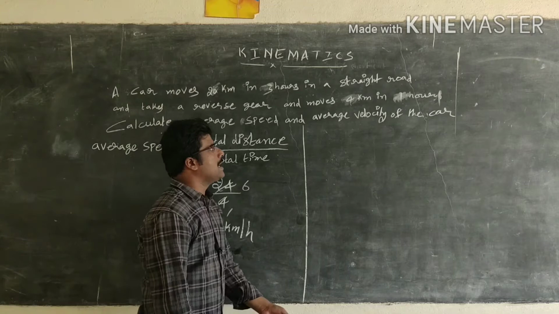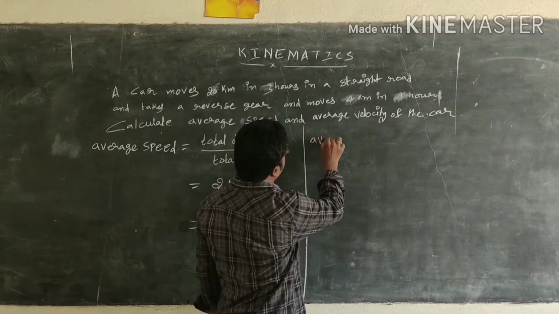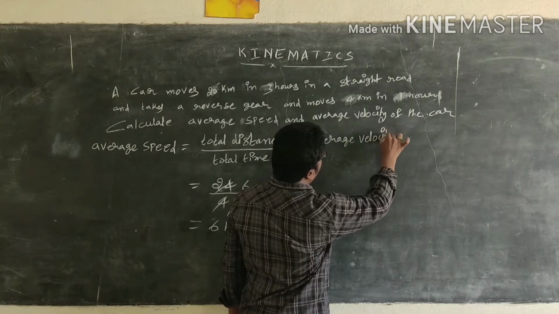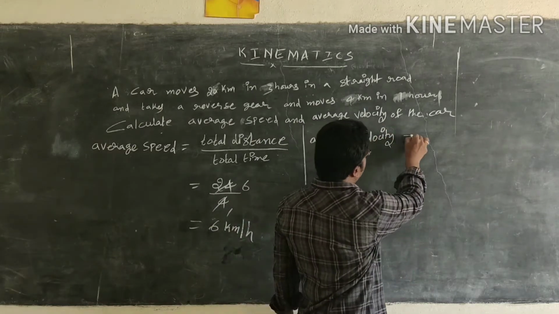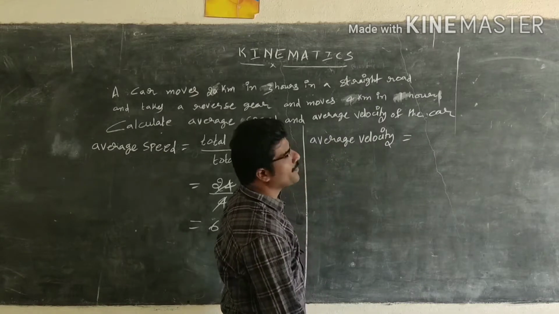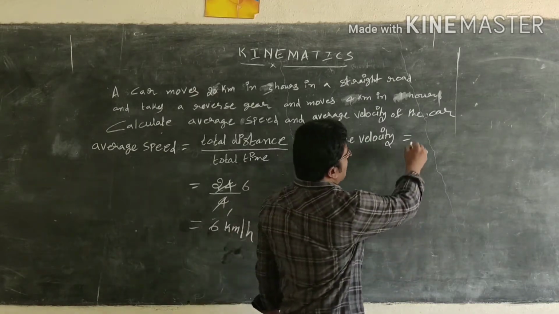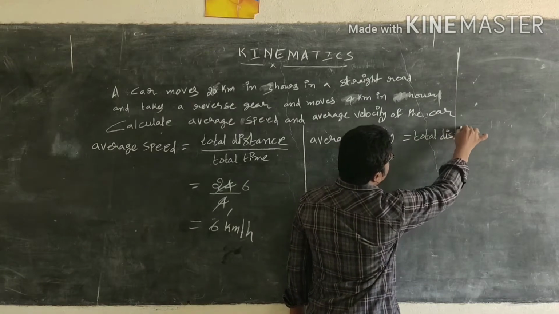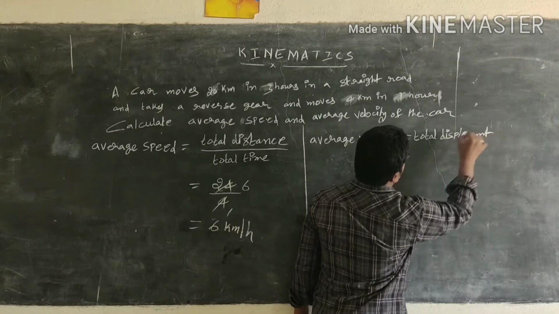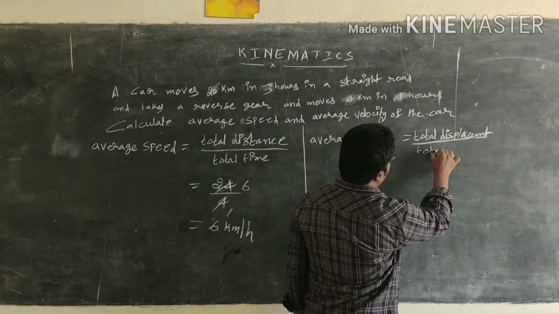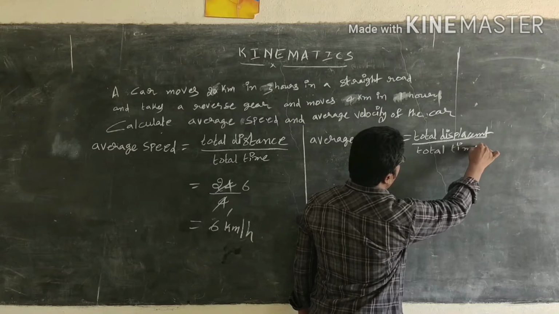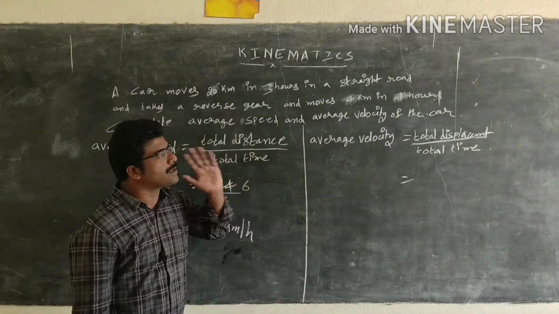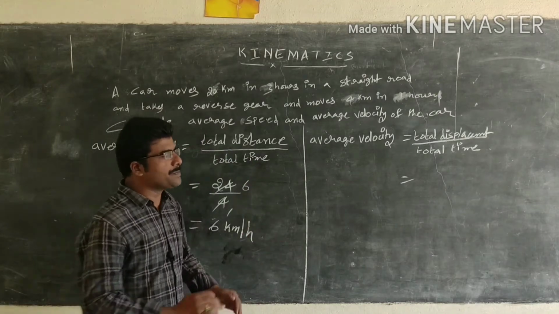Now we are going to find the average velocity of the car. Average velocity, we know the formula, is total displacement by total time. In order to calculate the total displacement, we should be very careful.